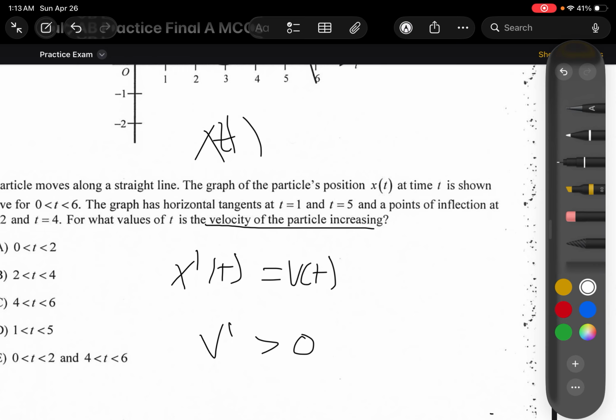And the derivative, or v prime, is equal to a of t, which is acceleration.